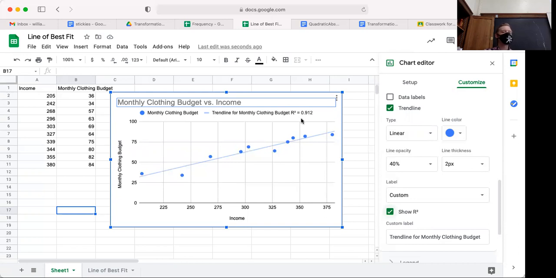If R is equal to 1, then it is a perfect line and every point is on the line. If R is equal to 0, then the points are spread out entirely and they don't form a line at all. So R is, for the most part, something we're not going to have to worry about, but the closer it is to 1, basically the stronger the correlation is.